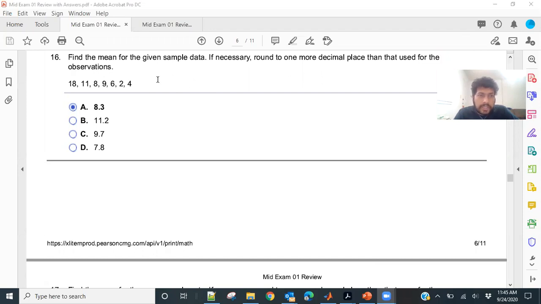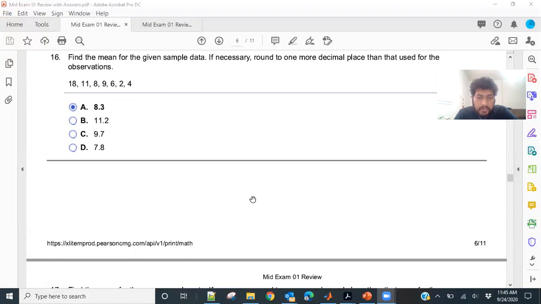First thing is to find the mean. Then you will also have a question to find the mean, median, and mode. First one, find the mean from the given sample data.